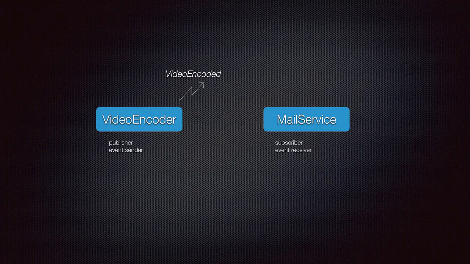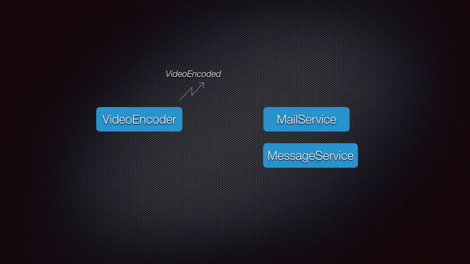Now, what is interesting about this picture? That video encoder knows absolutely nothing about mail service, which means in the future, if we want to extend our application and add the capability to send a text message when the video is encoded, we can simply create a new class called message service and have it subscribe to that video encoded event of the video encoder.